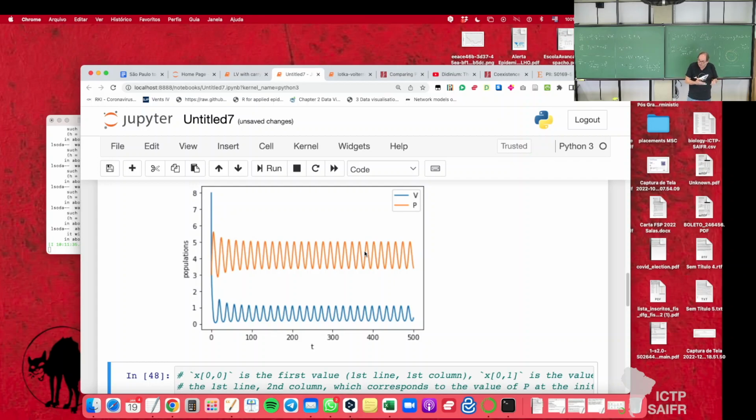Then you should have situations where you have a stable coexistence. If you enrich it, you get the oscillations. And with more and more enrichment for the prey, the oscillations will be very big.